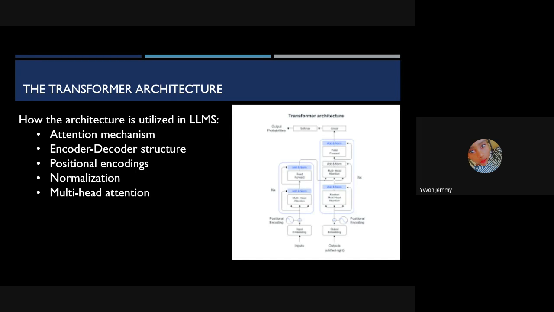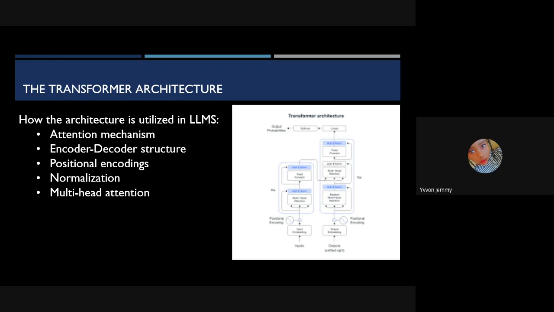You can also use it to summarize your documents. You can transform it into different forms. That's because it has the transformer architecture. So what does the transformer architecture contain? How is the architecture utilized in LLMs?